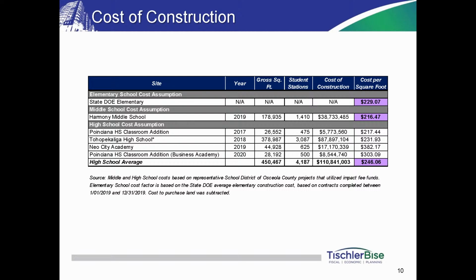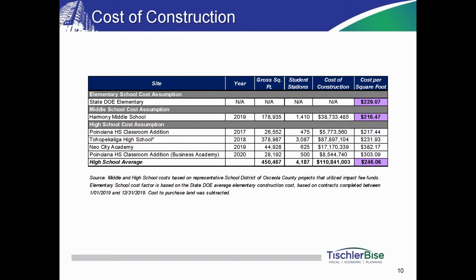So there were other projects that we could have put in here to get an average cost per square foot, but they wouldn't be the type of projects that the district typically uses impact fees for. Unfortunately, we didn't have a representative project for the elementary school, so we defaulted to the Department of Education construction cost data, which is from the most recent year, 2019, and that cost per square foot was $229.07.